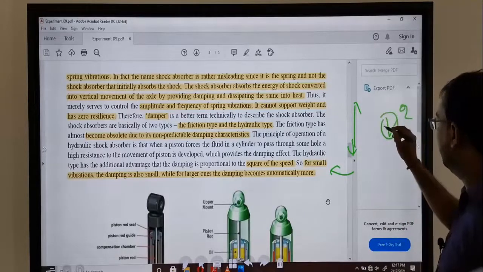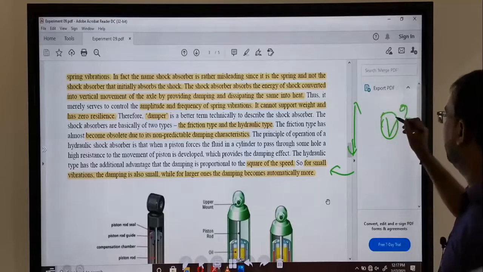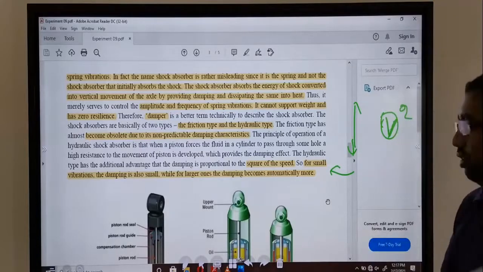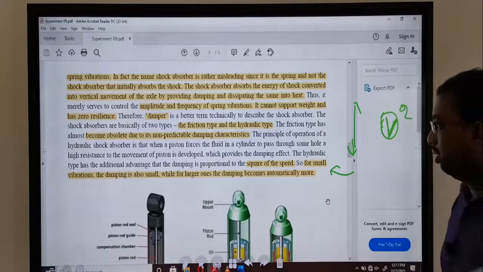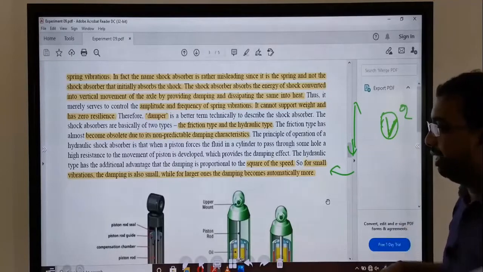So for small vibration, the damping is too small.